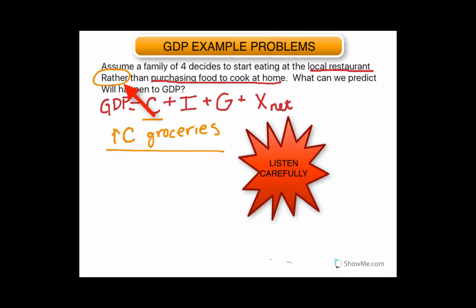Instead of increasing our consumption on groceries, we're decreasing our consumption because no longer are they buying groceries, they're doing something else. So if they're not buying groceries, what are they doing? Well, we already stated that they start eating at a local restaurant. So in this situation, we've increased our consumption at the restaurant.